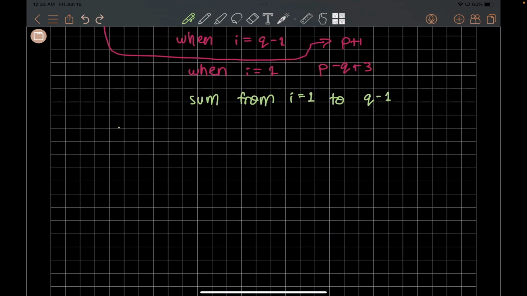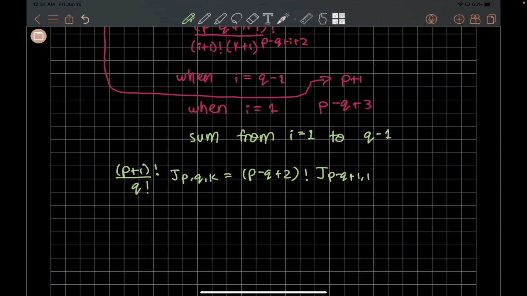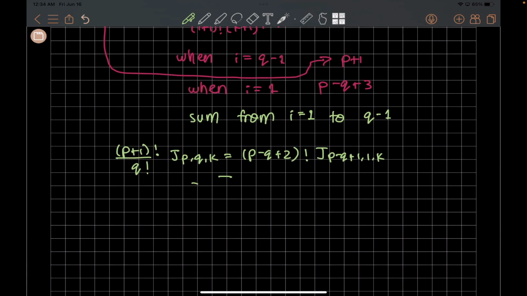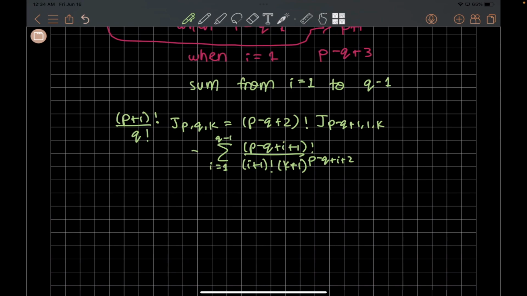So with that observation, we have p plus 1 factorial over q factorial J_{pqk} equals (p minus q plus 2) factorial J, and then we need to evaluate this when i is 1, so p minus q plus 1, k, minus the sum i equals 1 to q minus 1 of (p minus q plus i plus 1) factorial over (i plus 1) factorial, the (k plus 1) term raised to the obnoxious exponent that we have, p minus q plus i plus 2. It's a mouthful to say.